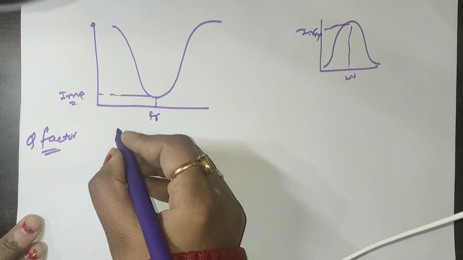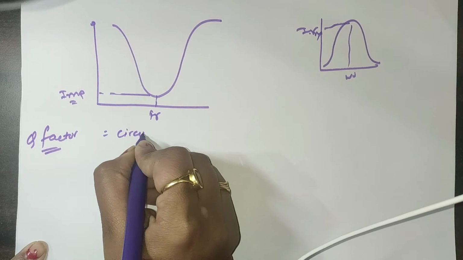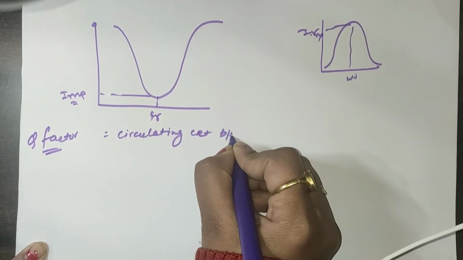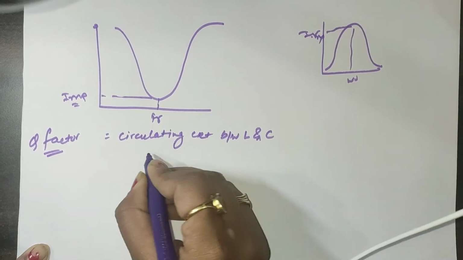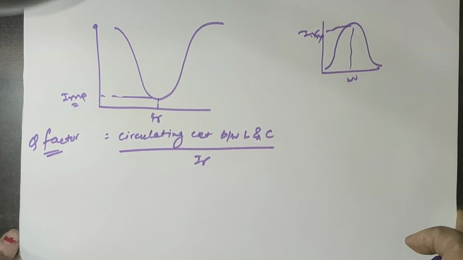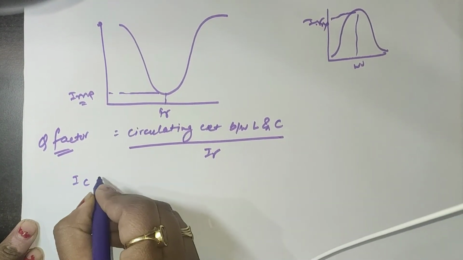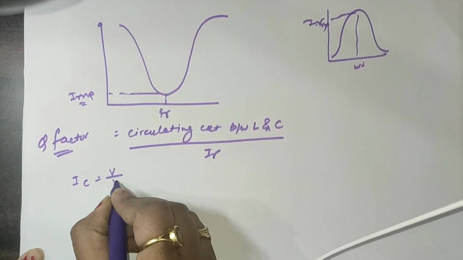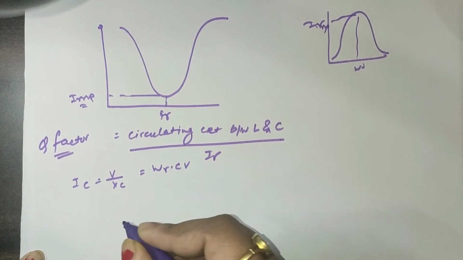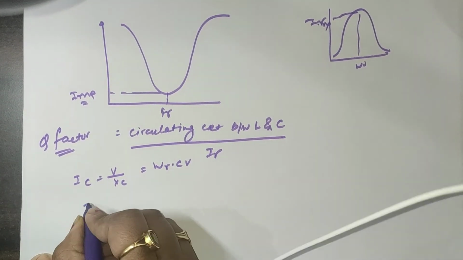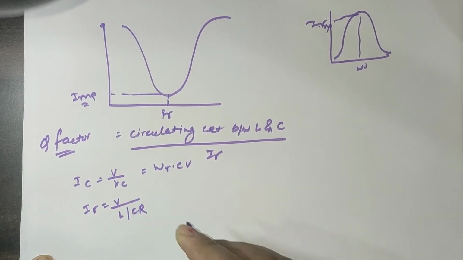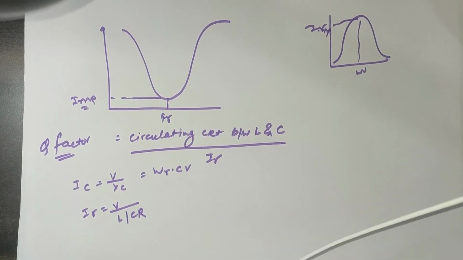Okay. So what will be the quality factor at parallel resonance? You get that as the circulating current between L and C upon IR, same as the series resonance. So here IC will be V upon XC, that will be omega R into CV. And IR will be V upon L upon CR, that you have found in this.